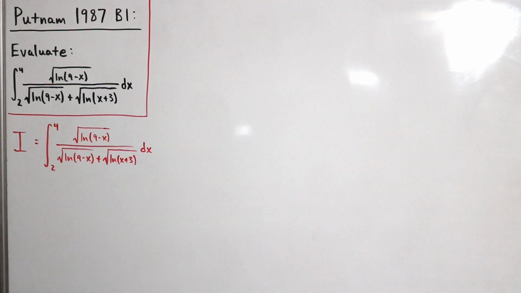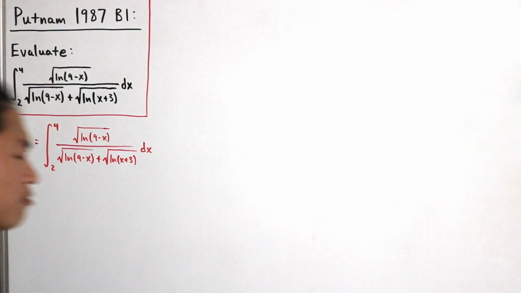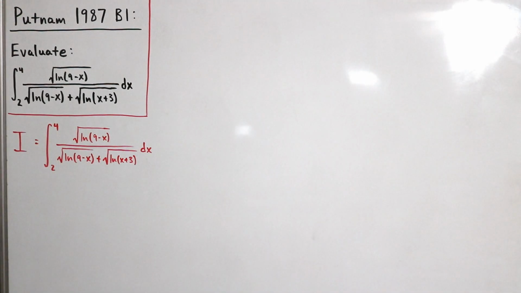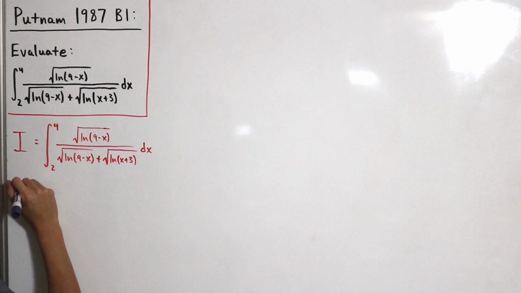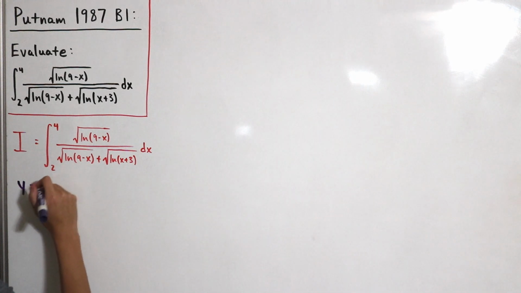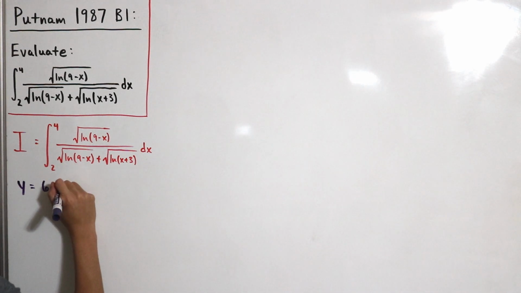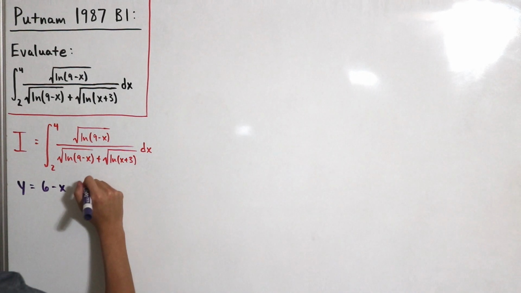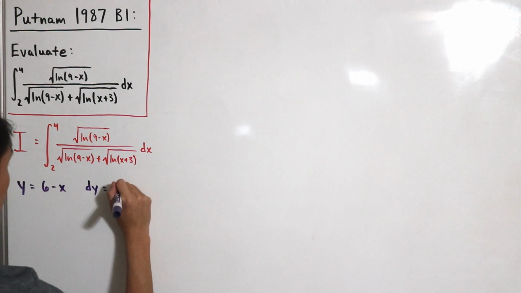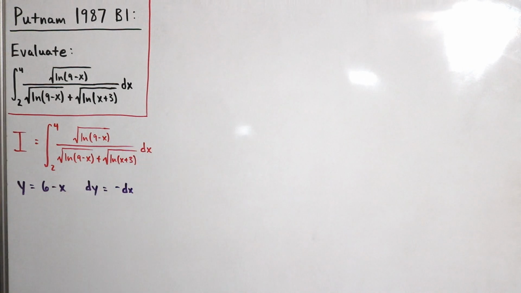Now, as mentioned, we're going to do a u-substitution. Let y equal 6 minus x, and then differentiating, dy is equal to negative dx.